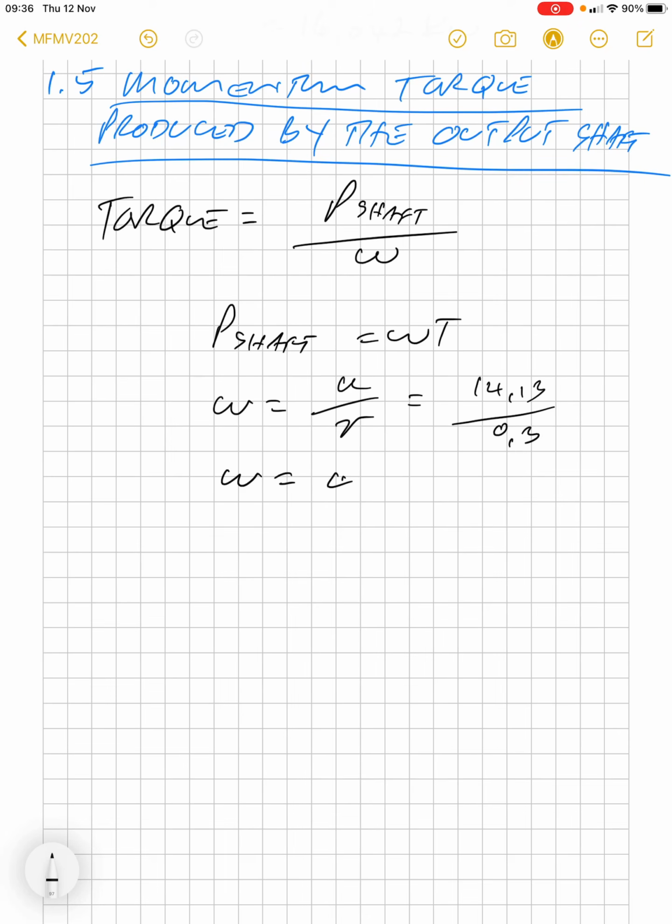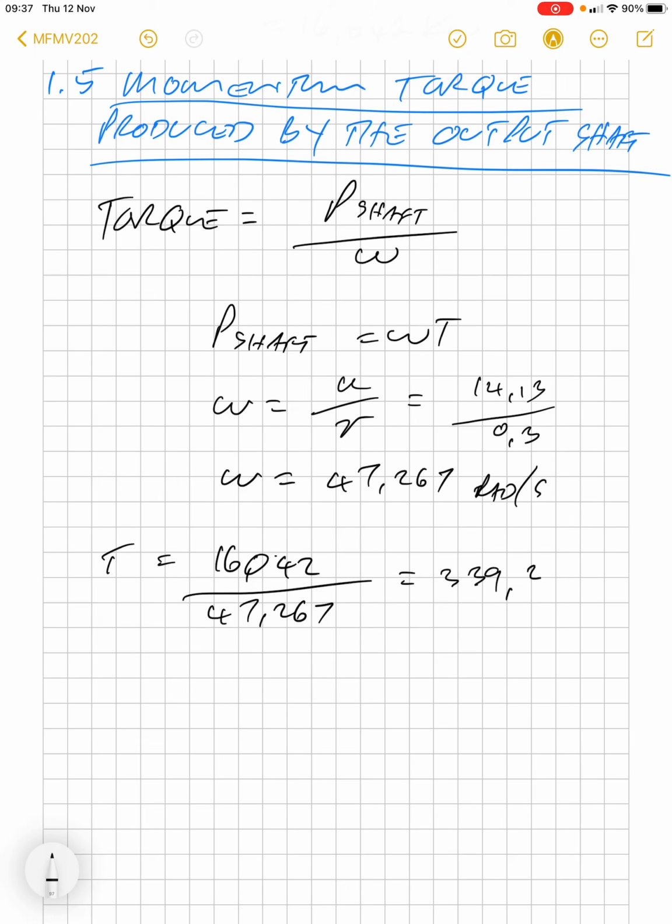So W is 47,267. It's actually radians per second. So if we substitute that back, torque is 16,042 over 47,267 gives us 339,39 Newton meters. And that's the end of this.